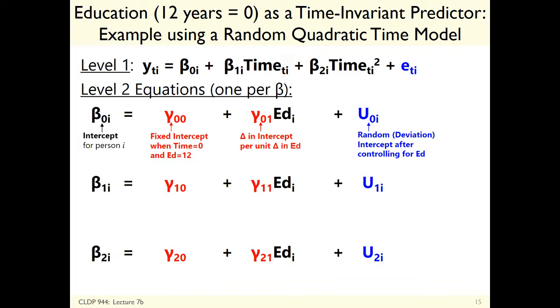Your choices are goes up, goes down, or stays the same. If education matters, what should happen to my U0 variance relative to a model that doesn't have it? It goes down. U0 variance left over is what we have now: random intercept differences that remain after controlling for education.